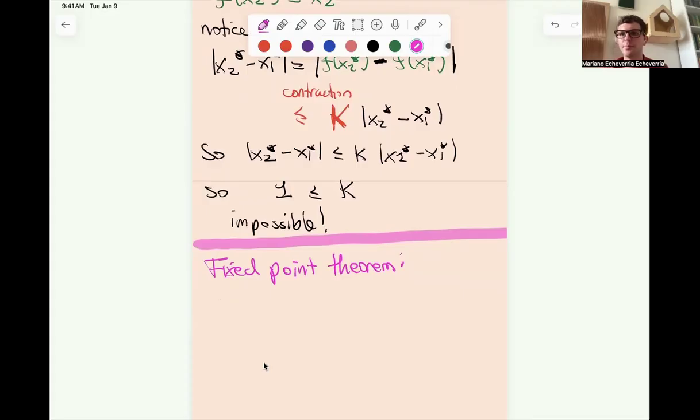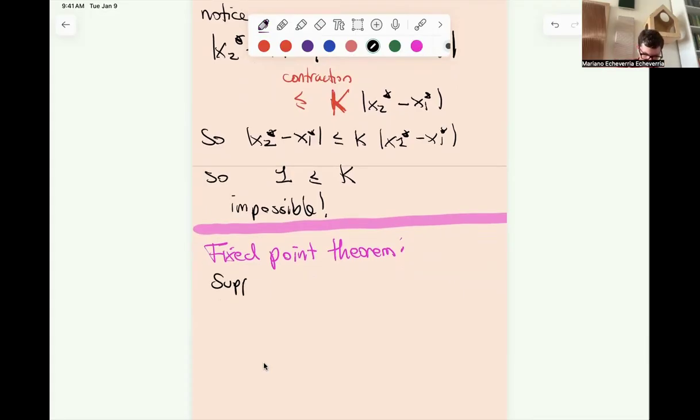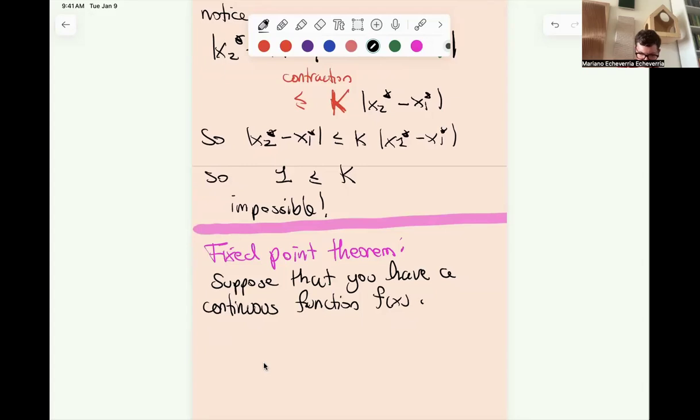The idea is that suppose that you have a continuous function which is a contraction on some interval.